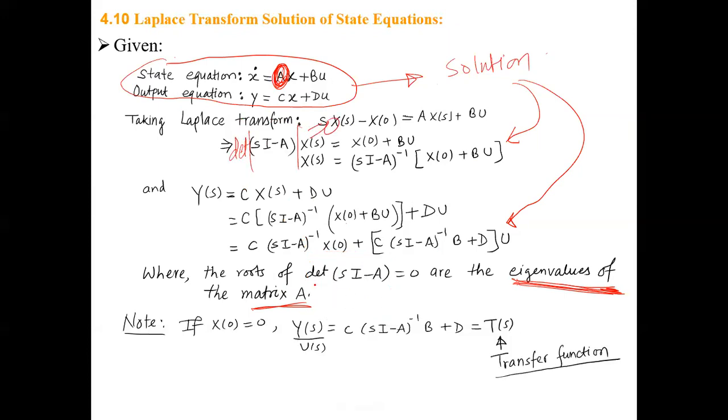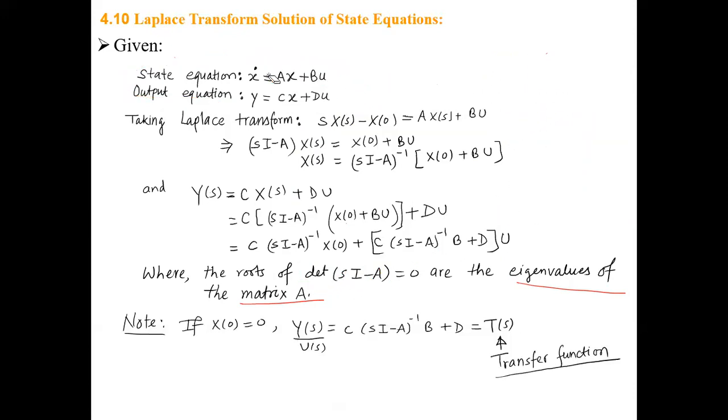That's what I did here. After you do that, what are the values of S you get? Those values of S are called eigenvalues of matrix A. In a couple of slides, you'll get to know the significance of those eigenvalues.